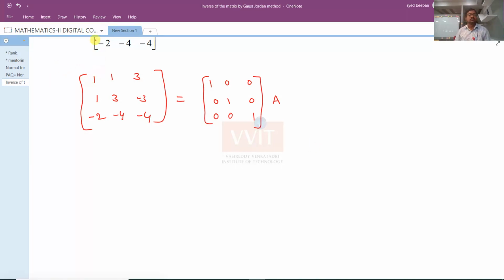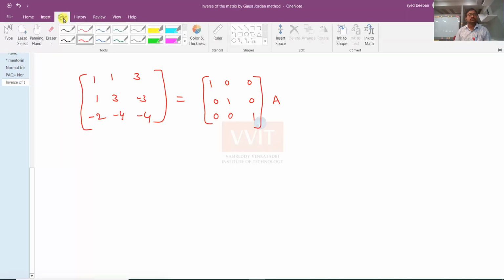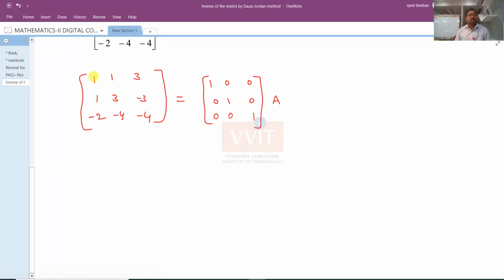Now here, I am supposed to reduce to 0, meaning I need to convert row 2 based on row 1, and R3 I need to reduce based on R2. Here I'm checking the first column, 1 and 1, so directly subtraction.